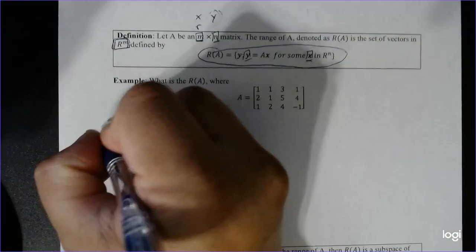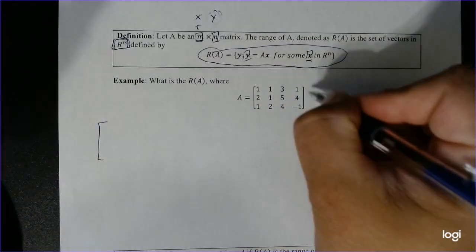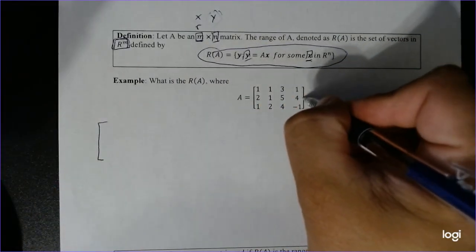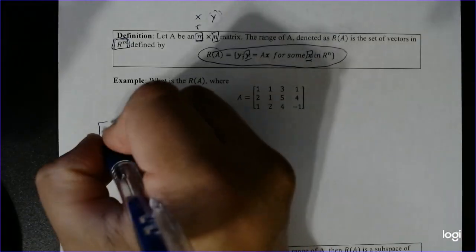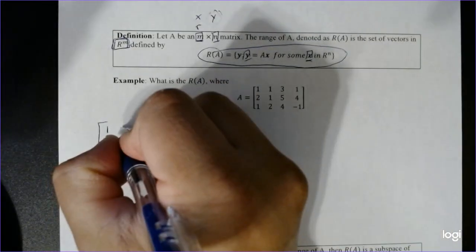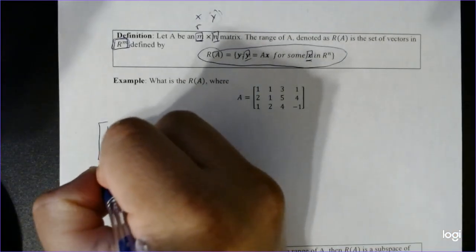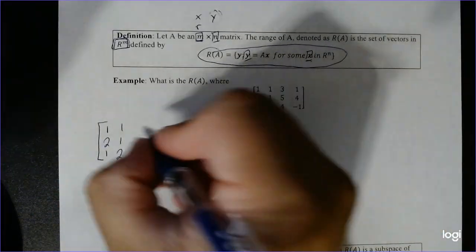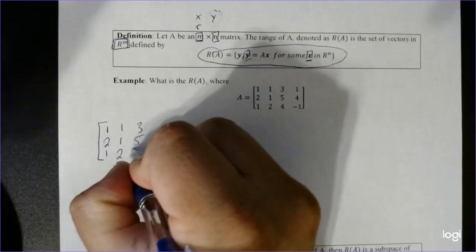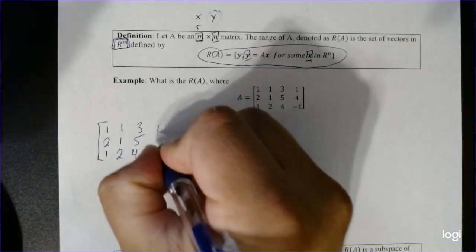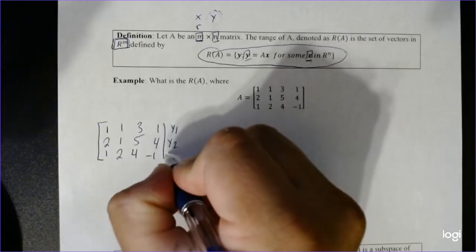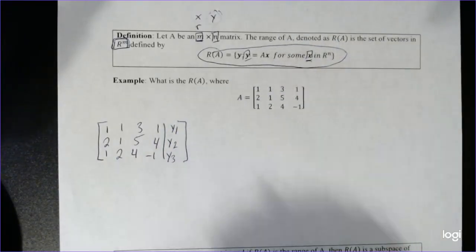So all we're going to do is, instead of setting this equal to zeros like a homogeneous equation, we set them to the vectors y1, y2, and y3, and then we solve for the conditions we need for each individual case. Just like that.